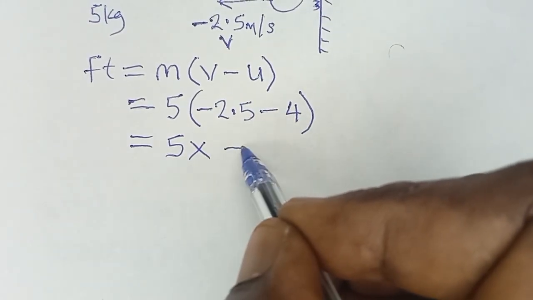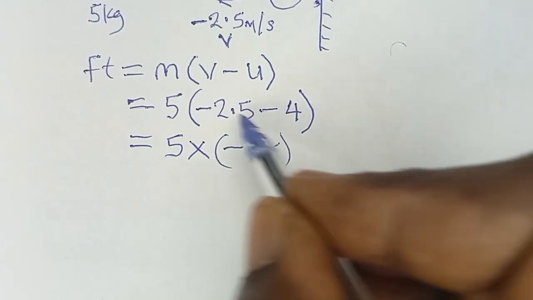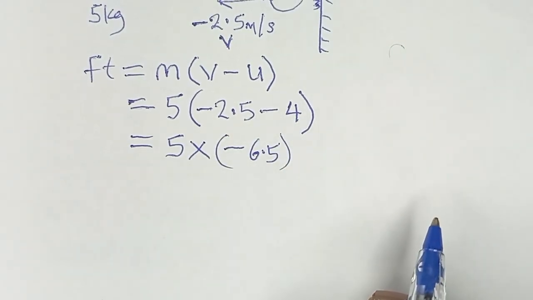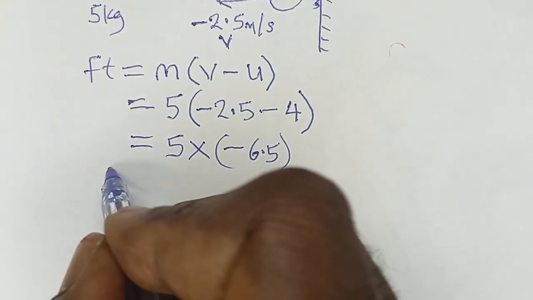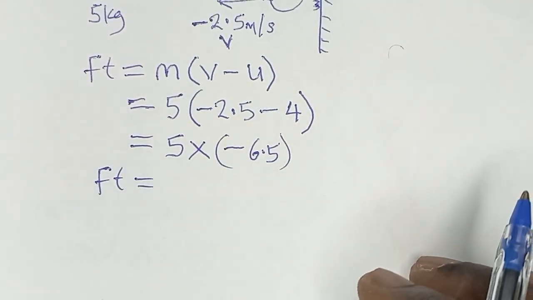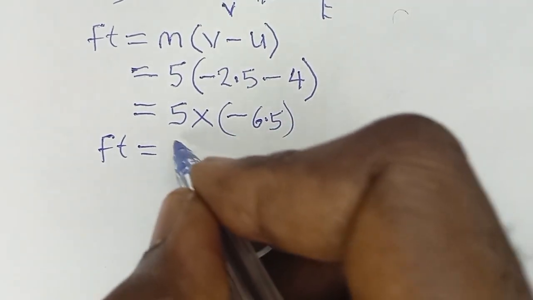And that will give me negative 6.5. So by the time I multiply, I'm going to get Ft, which is the impulse, as 32.5 when I multiply the two values.